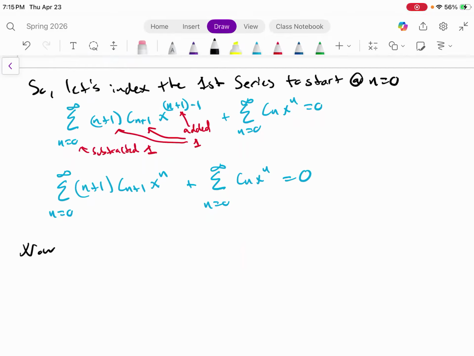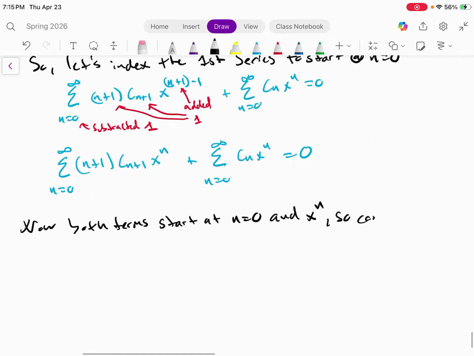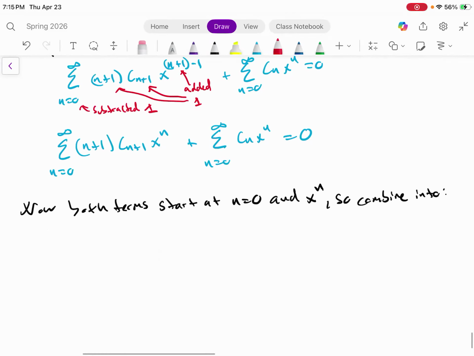Now both terms start at n equals 0 and x to the n. So combine them into the series n equals 0 to infinity, n plus 1 times c sub n plus 1 x to the n plus c sub n x to the n equals 0.